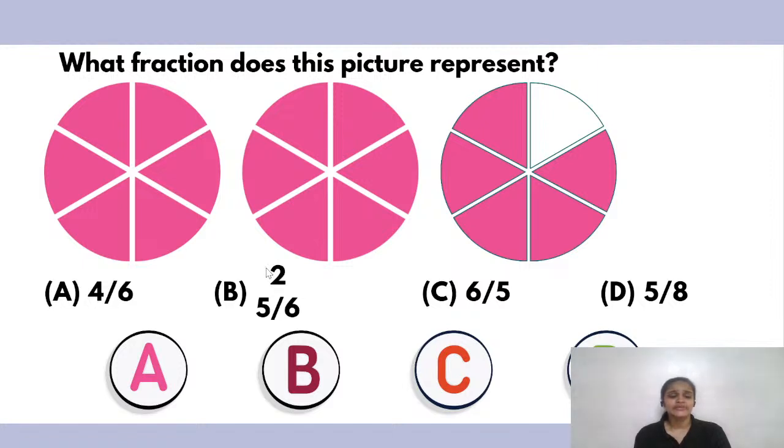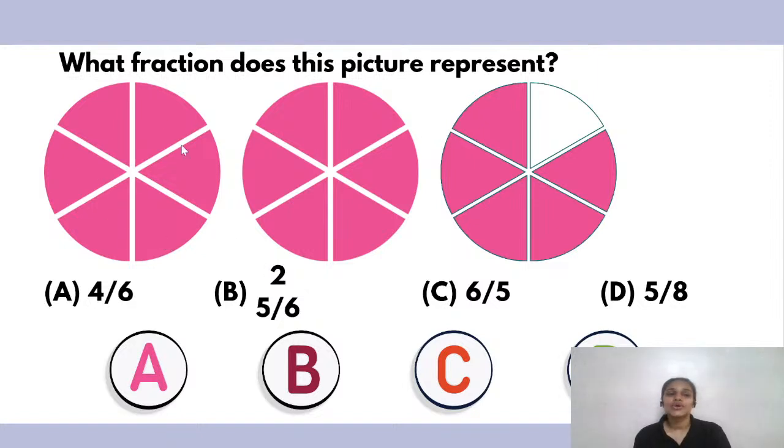All right, I'm still waiting for the others. All right, so most of you have given the answer B. I've got one answer as C and one answer as A. So let's check what is the correct answer.